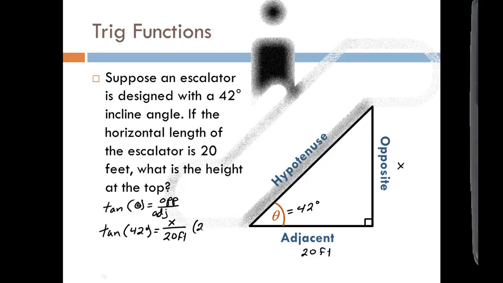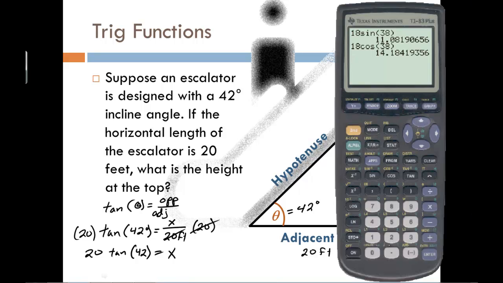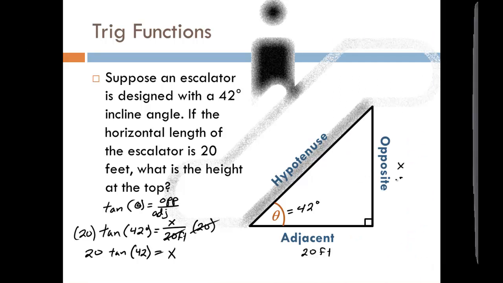To get x by itself again, we can multiply both sides by 20. So x equals 20 times the tangent of 42 degrees, which is 18.008. Rounded, it would be 18.01. So the length of the opposite side is 18.01.